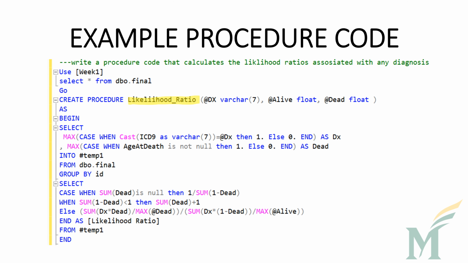The displayed code is a procedure that calculates the likelihood ratios associated with any diagnosis within our dataset. You can see we named our procedure likelihood ratio. In the future, we can easily recall this long code by only using the name of the procedure. This is the main purpose of stored procedures in SQL.